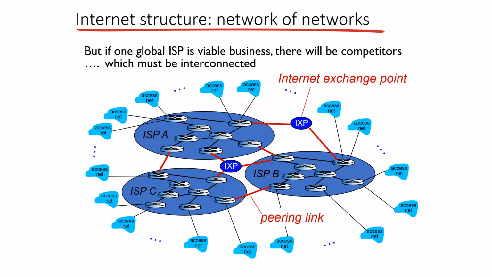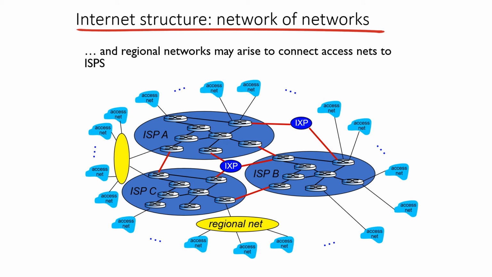These large internet service providers can connect with each other through special gateways that we call Internet Exchange Points or IXPs. In addition to the access networks, which are, let's say, national or country bound, we can also have regional service providers. Say, for example, for the EMEA region, Europe, Middle East, and Africa.